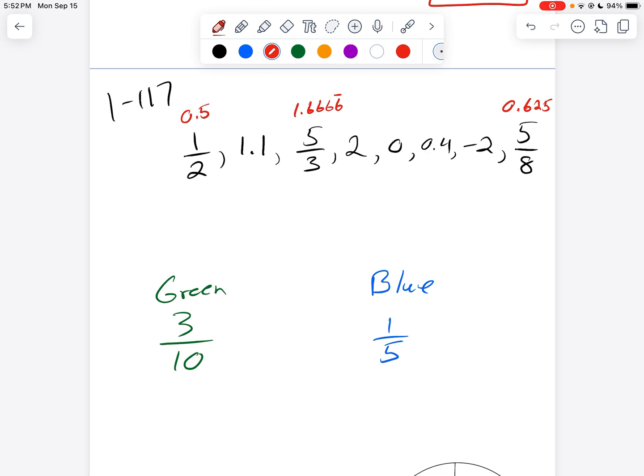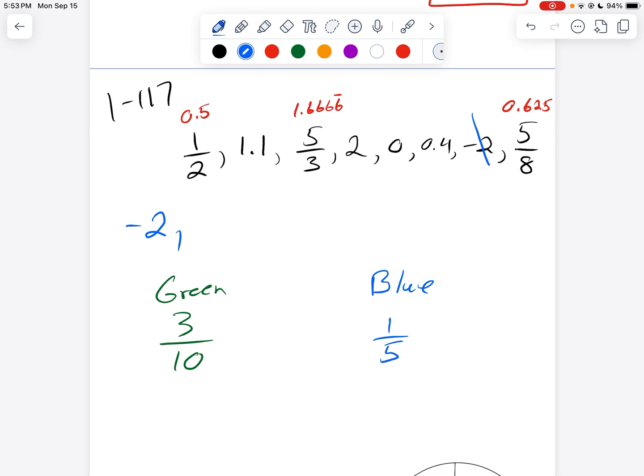Now, if I remember from your paper, you do start out with the correct first one. Okay, the correct first one is the -2 because it is the only negative that they give us. Okay, now as I go through these, I'm going to do this in a different color just for my sake. -2, and as I go through these, I'm going to cross out the ones that we are using here.